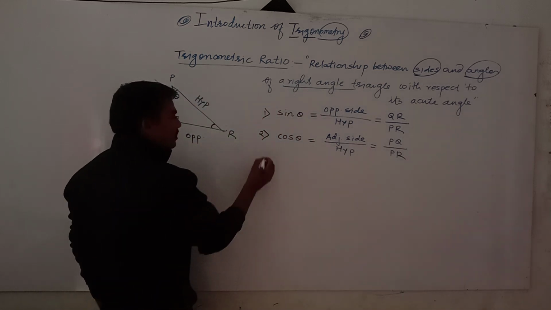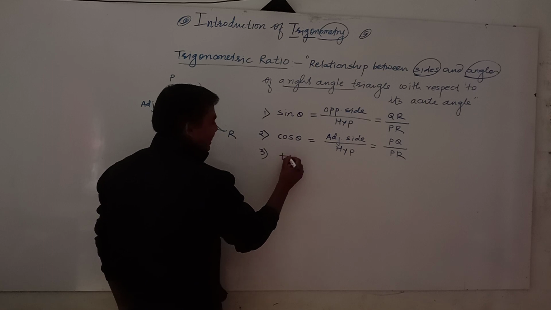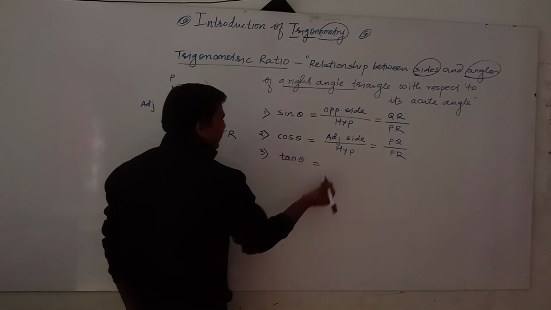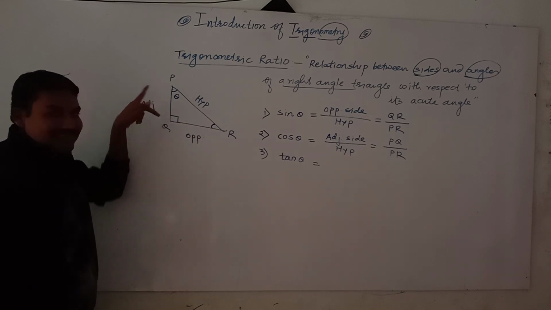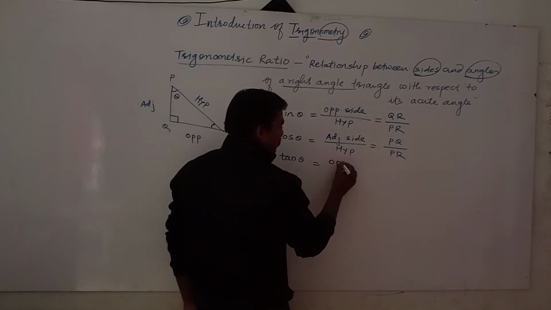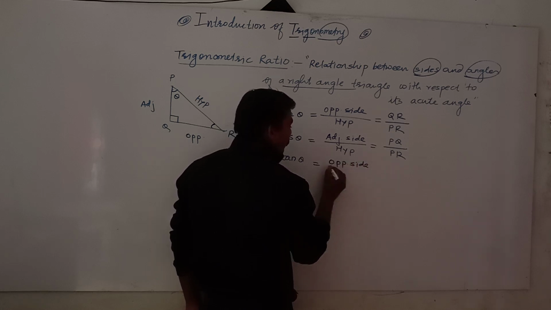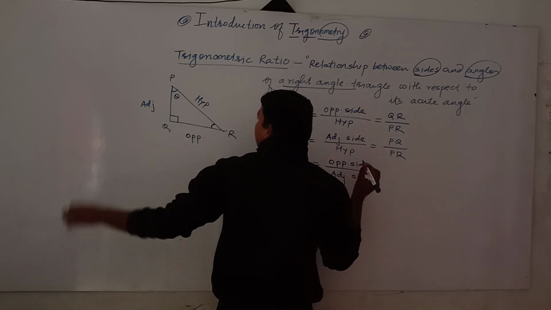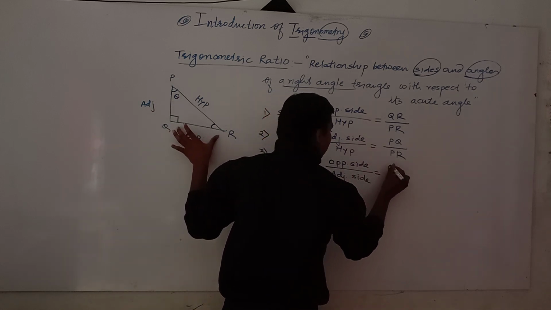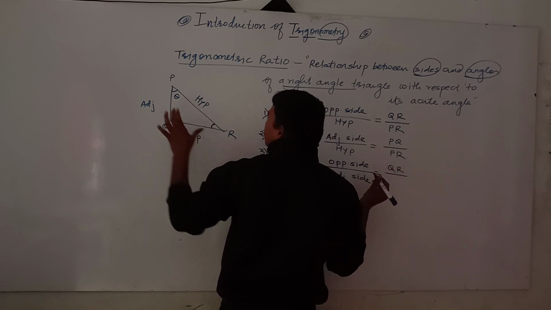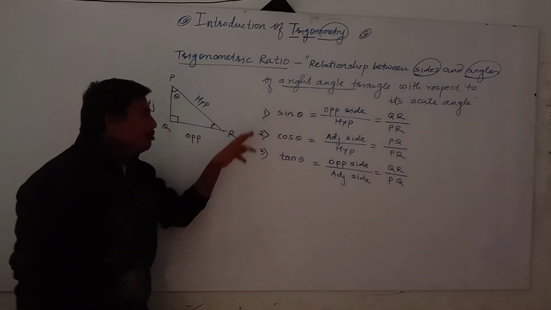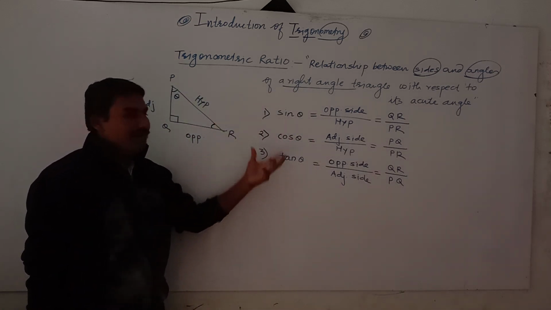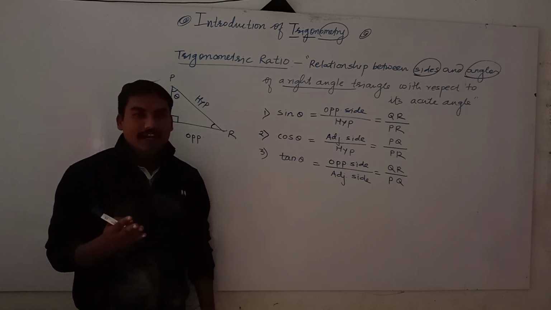Third is tan theta. Tan theta means opposite side upon adjacent side. For theta, the opposite side is QR and the adjacent side is PQ. These are the three basic trigonometric functions.